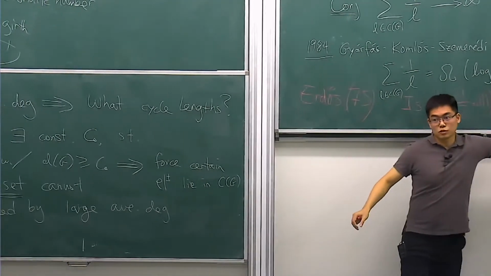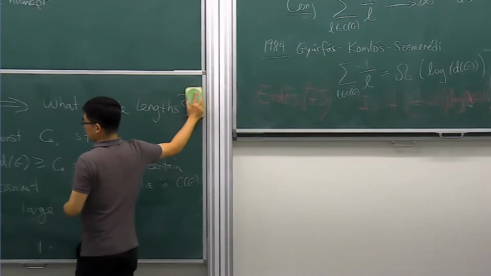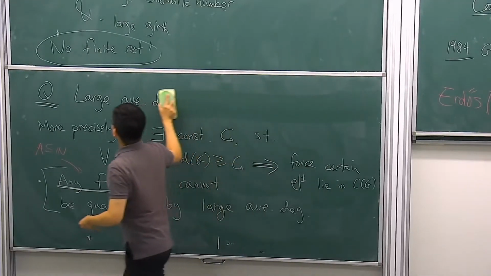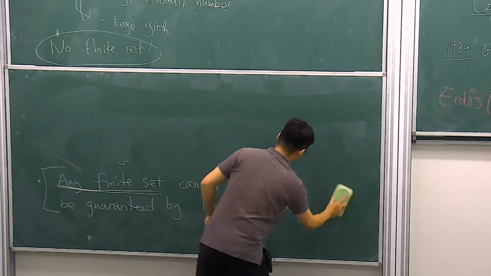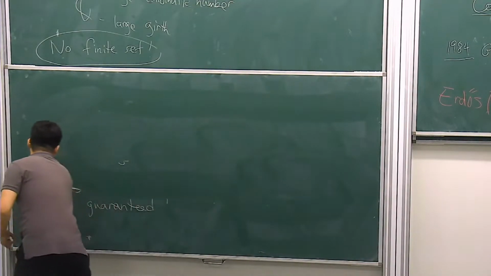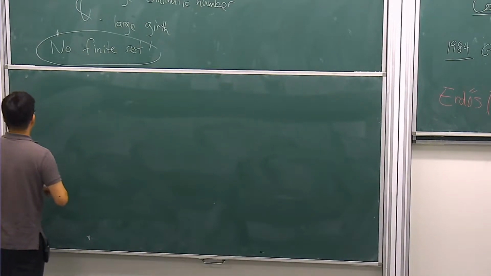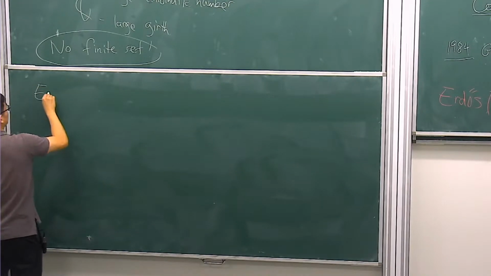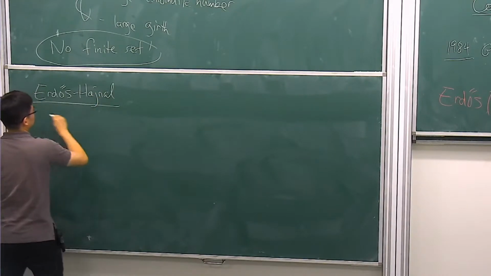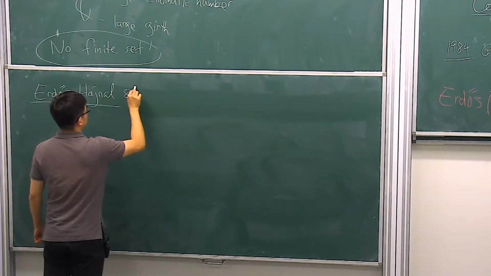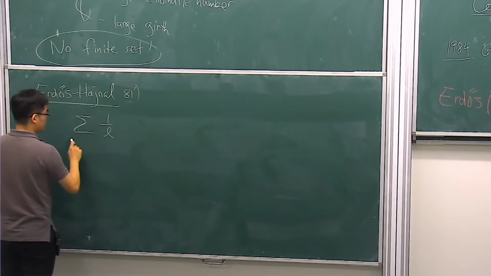Because of this local obstruction, average degree doesn't help here.